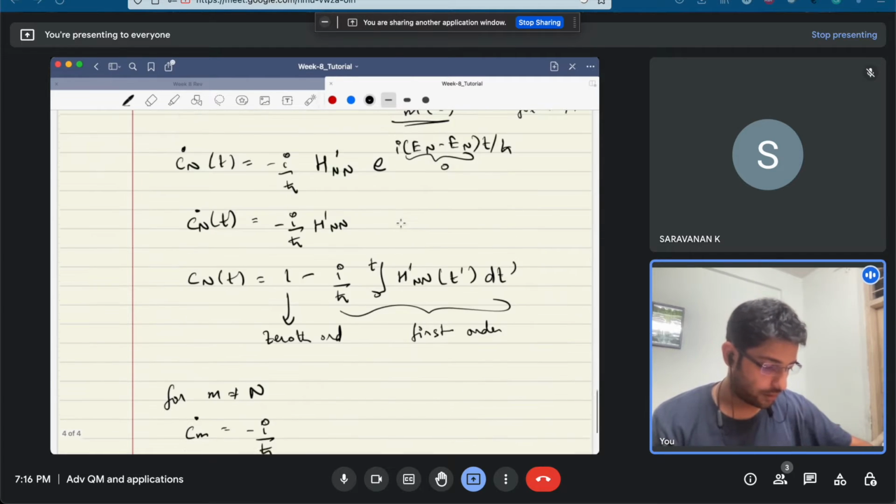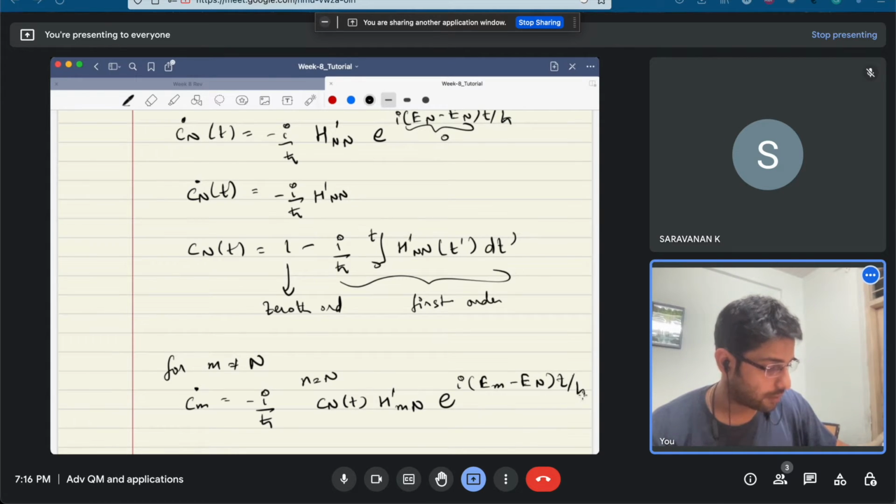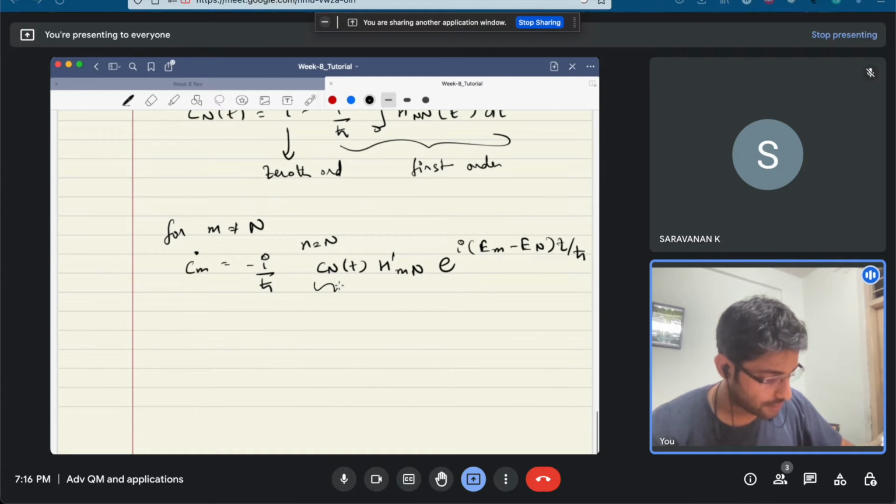So only for n equal to m, n this remains, right? So what we get is Cn of t, H prime mn, e to the power i (Em minus En) t by h bar. And this part is essentially 1 for the 0th order.